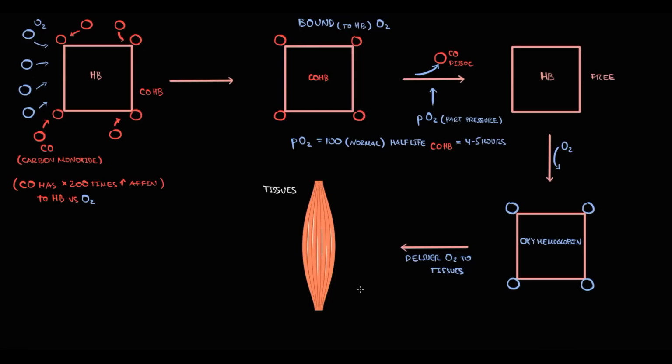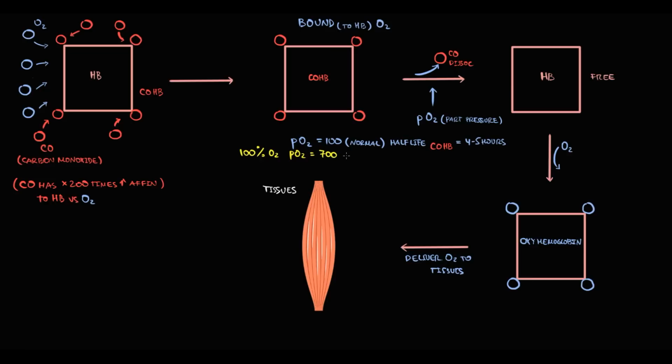So knowing that the only factor which can convert carboxyhemoglobin back to normal hemoglobin is partial pressure of oxygen, we developed two therapeutic methods. First of all, breathing 100% oxygen through a mask. This increases partial pressure of oxygen to 700, and in such an environment, the half-life of carboxyhemoglobin becomes 60 to 90 minutes.